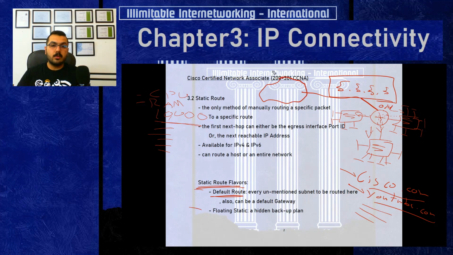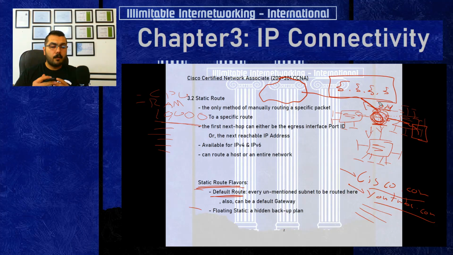So the problem is solved by using a default route, because when someone wants to open Cisco.com and it's not installed in the routing table, the router will say, I have no other choice but to use the default route, and I will send you through FastEthernet 0/4 because the default route is applied on FastEthernet 0/4.